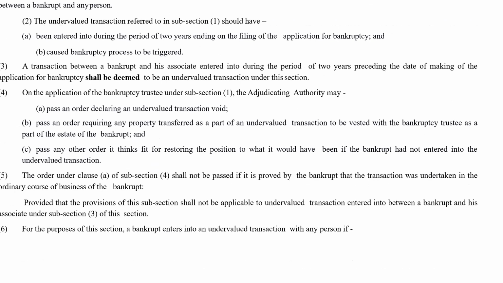The order under clause A of subsection 4 shall not be passed if it is proved by the bankrupt that the transaction was undertaken in the ordinary course of business of the bankrupt, provided that the provisions of this section shall not be applicable to an undervalued transaction entered into between a bankrupt and his associate. Okay. So this plea of ordinary course of business will also not work in case of a transaction between a bankrupt and his associate. Okay. And what is undervalued?